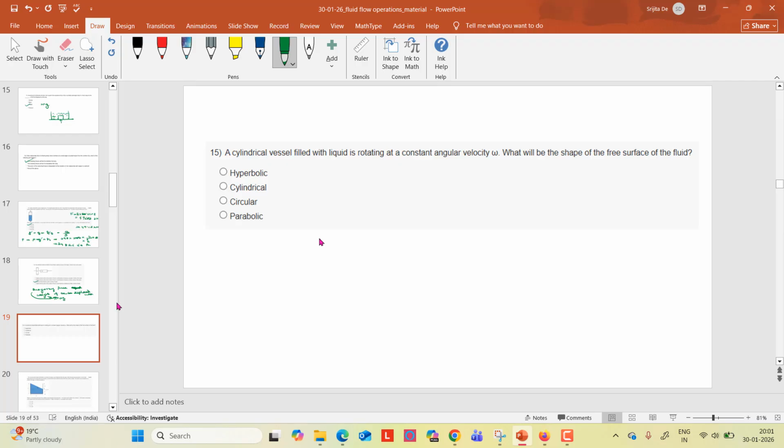Next. A cylindrical vessel filled with liquid is rotating at a constant angular velocity omega. What will be the shape of the free surface of the fluid?